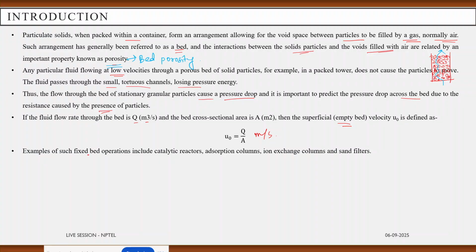Examples of such fixed bed operation include catalytic reactors, adsorption columns, ion exchange columns, sand filters, or any kind of particulate filters.